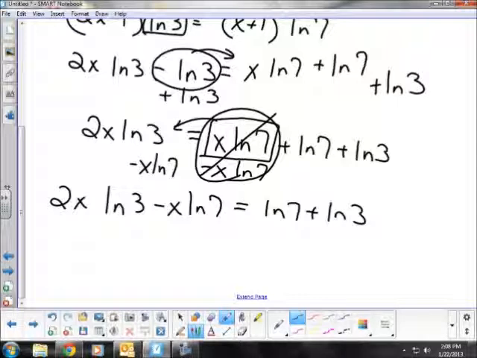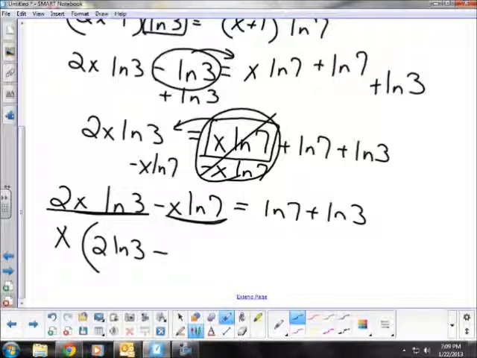Now, this is the trick, and it comes up a lot in every other math class that you might possibly have to go into past this, except statistics. This doesn't use any algebra. If you have the variable in more than one place, then what you try to do is factor the variable out. So if I pull the x out in front, then what's left out of this term? 2 ln of 3. There's my minus sign.